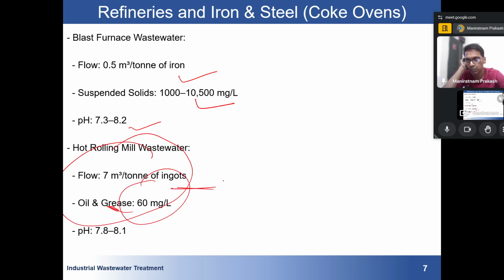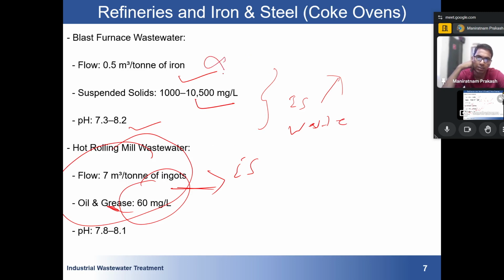So there is an IS code. If you have gone through the lecture, it's mentioned that all these limits should be within this IS code. If it is above that code, then that water will be declared as wastewater. Actually, it's not like that. This is not determining whether it is wastewater.